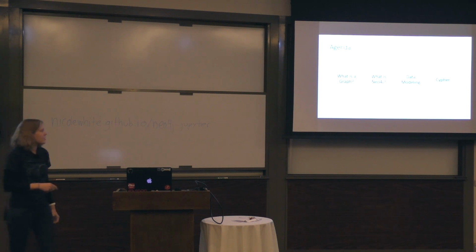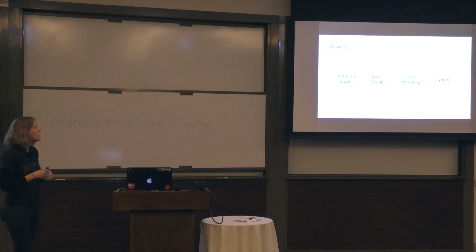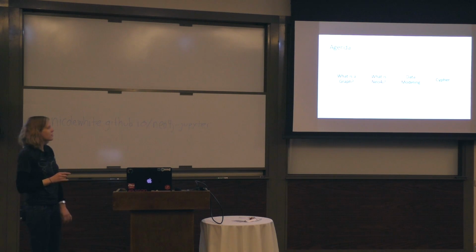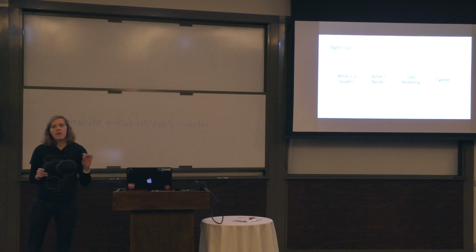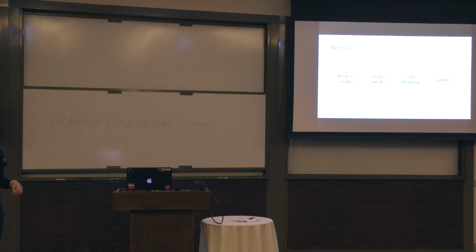So this is, I guess, our mini agenda for this little intro that we're doing. First, what is a graph? And then we'll talk about what is Neo4j. Then we'll do some data modeling, a little exercise where we'll translate a SQL model into a Neo4j model. I think that's usually the easiest way to introduce Neo4j, is to take something you know, which is usually SQL, and translate it into a graph model.